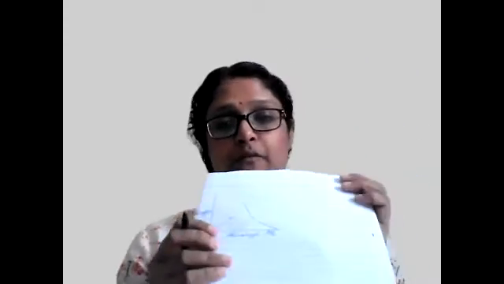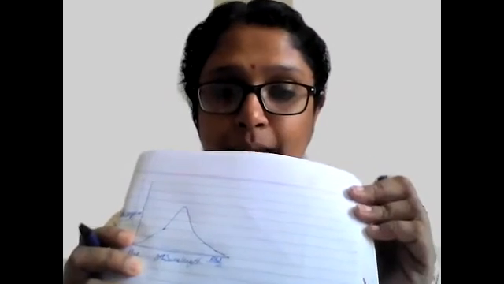As it goes to green, it will be high, and then it will again reduce and become a very low value by the time it reaches red. So this is what happens for a basic absorption spectrum.